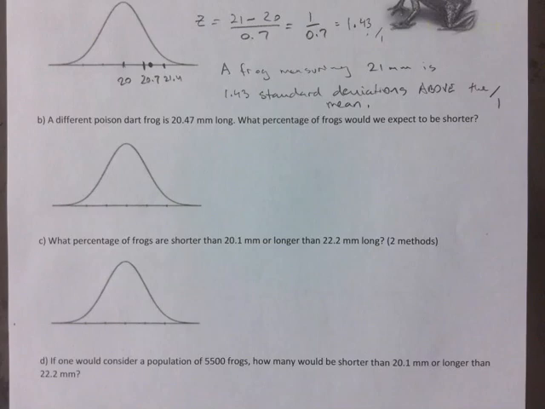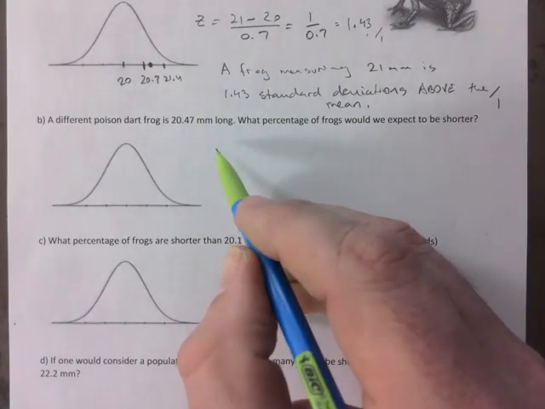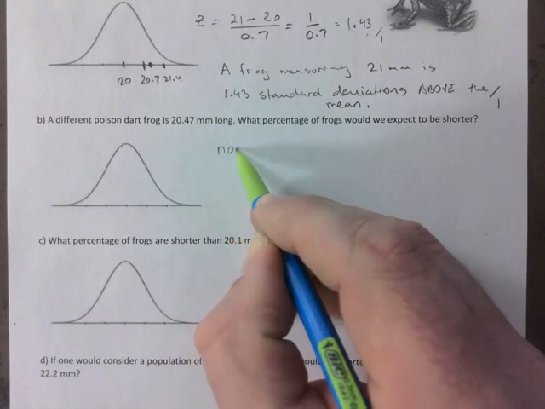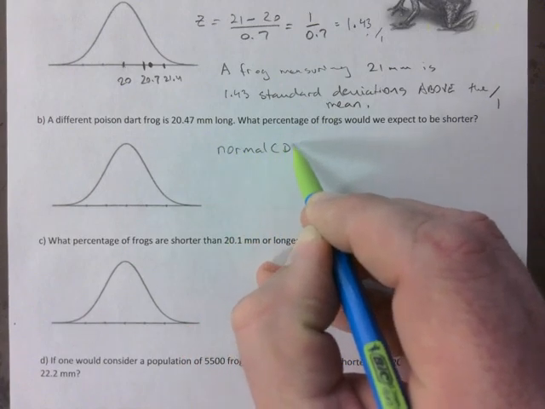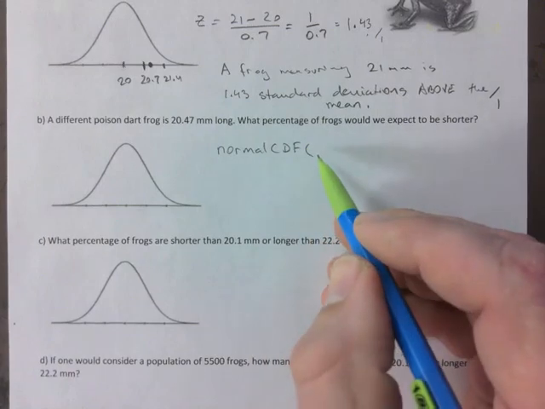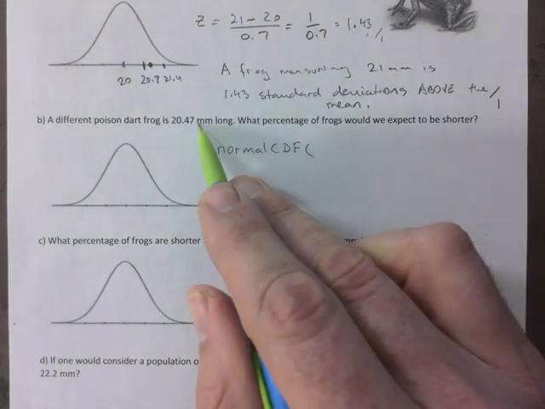B, a different poison dart frog is 20.47 millimeters long. What percentage of frogs would we expect to be shorter? Okay, so it's asking for percentage, so you got to use this one. And we want something that's shorter than this.